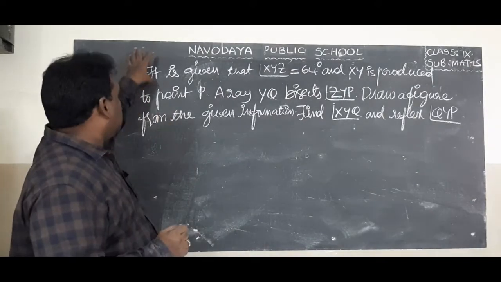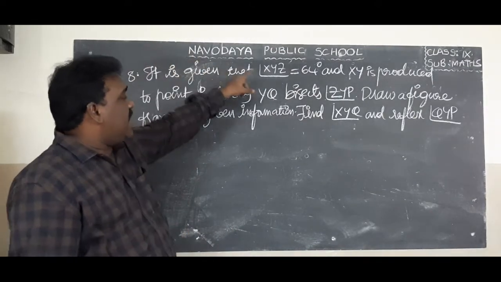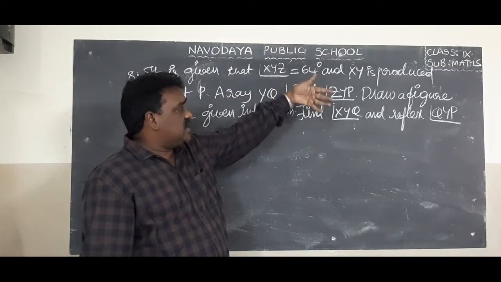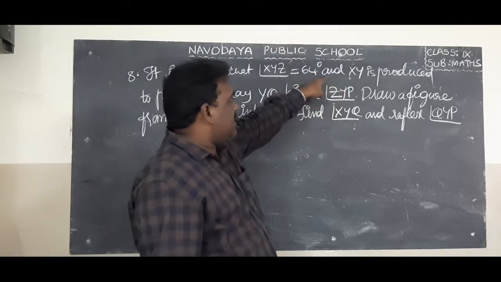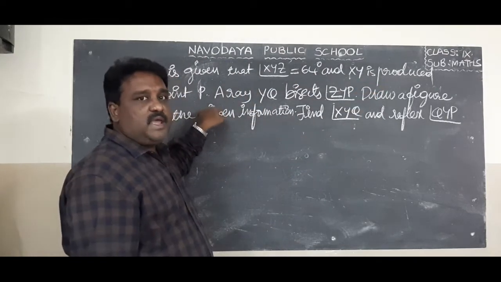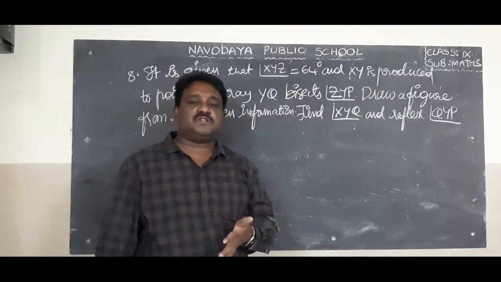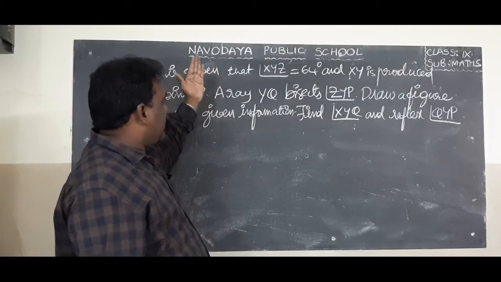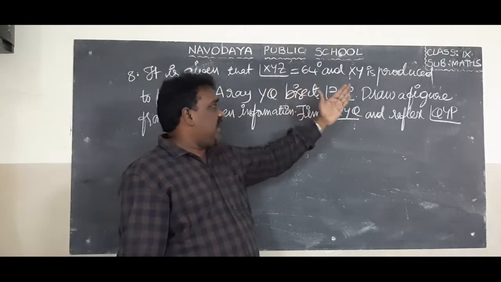So read the problem. It is given that angle XYZ equal to 64 degrees. Okay na? So there is a triangle automatically and XY is produced to a point P. XY is produced. What we get? Exterior angle to a point P. Next third point. A ray YQ bisects angle ZYP.